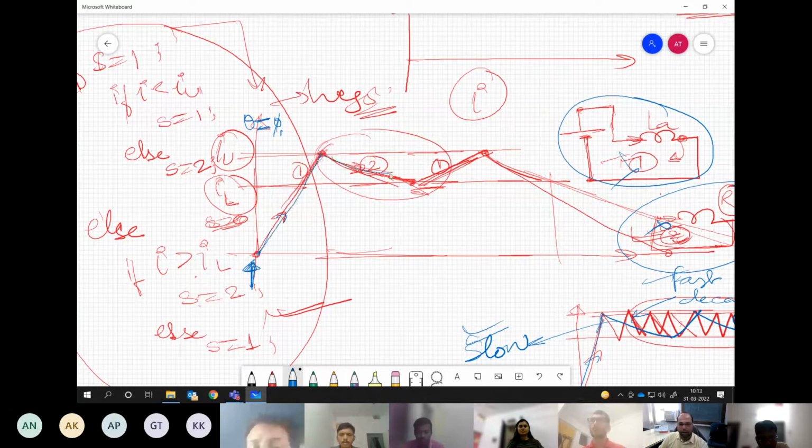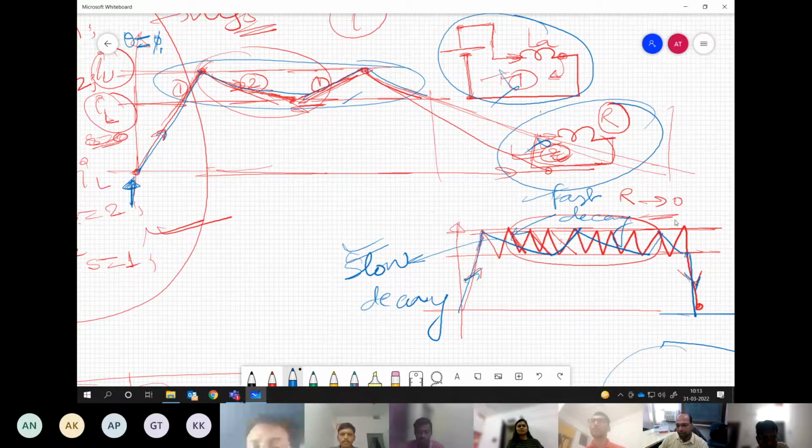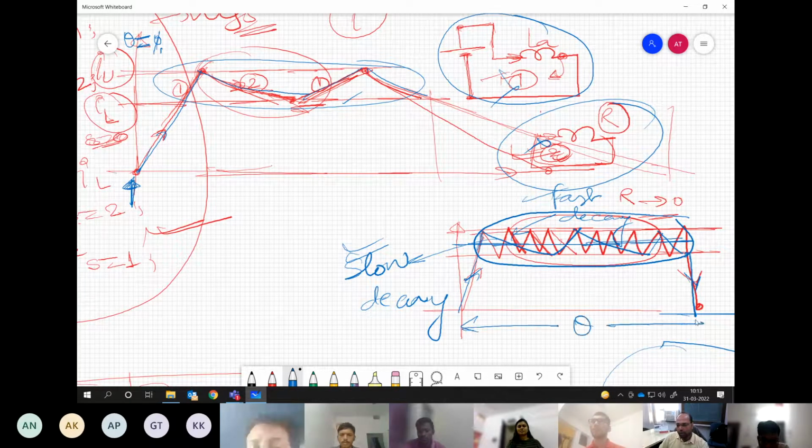And then you apply your hysteresis and keep the current within this band. It can be done in a slow decay manner or fast decay manner. Both are okay. So you are able to maintain the current in this zone almost close to the mean value required for this duration of theta.